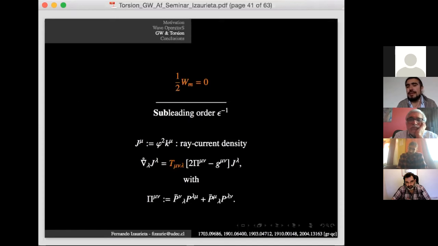But if you have a different kind of theory, for instance, some kind of Gauss-Bonnet coupling with a scalar field, it produces a very nice effect. If you impose the torsionless condition, you will have an anomalous propagation of gravitational waves, and they will propagate at a different speed than they actually do.